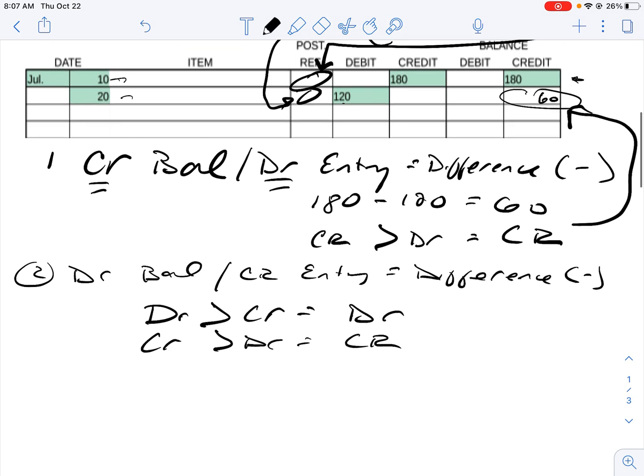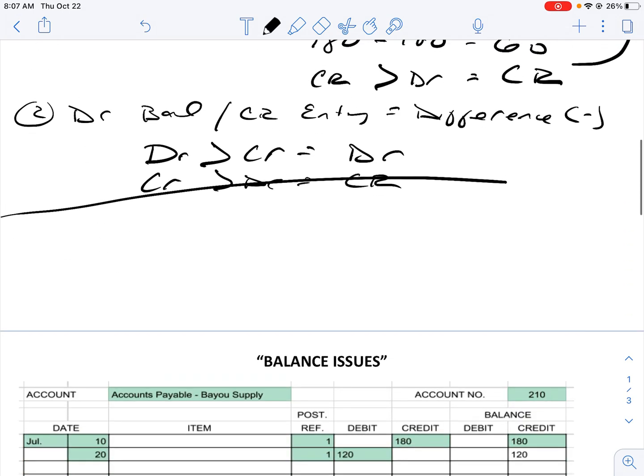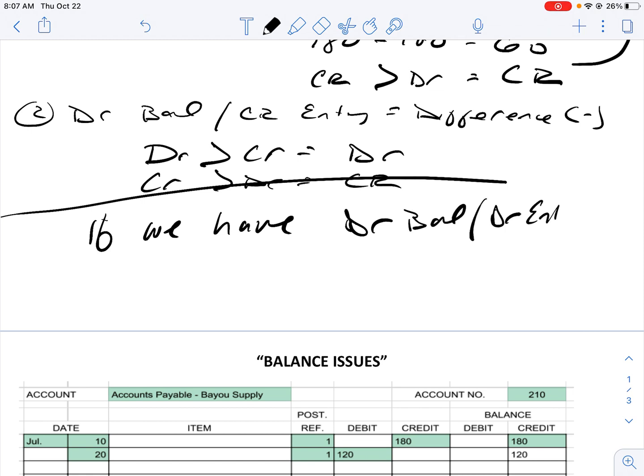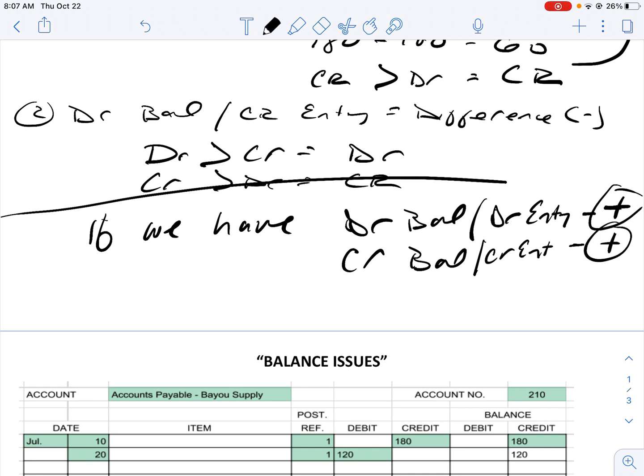Now, we talked about the difference, and that's a key. So what happens if they're the same? Well, if we have a debit balance and a debit entry, they are the same, so we are going to find the sum. If we have a credit balance with a credit entry, they are the same, and we are going to find the sum.